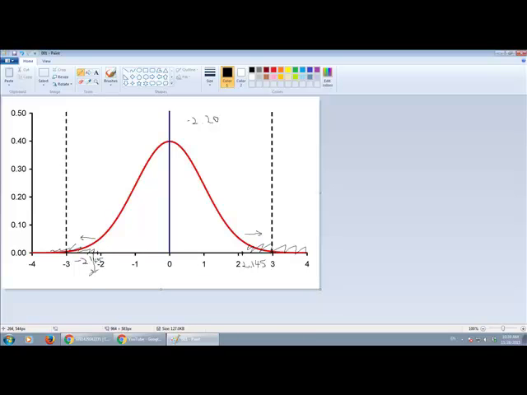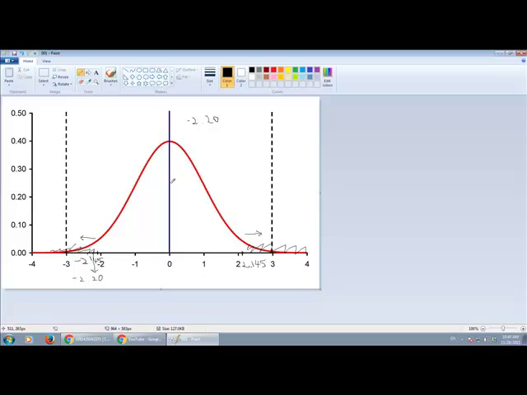Mark negative 2.20. So this value is in the critical region. If it is in the critical region, then we reject the null hypothesis, and that means it's a significant finding. These two group means are significantly different.